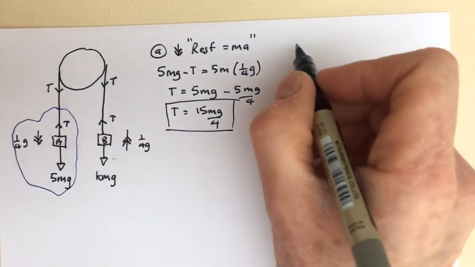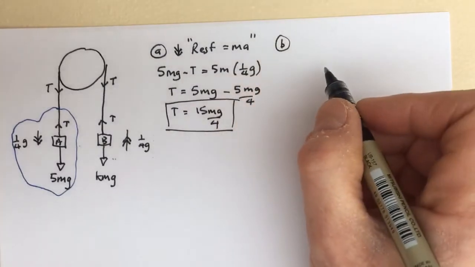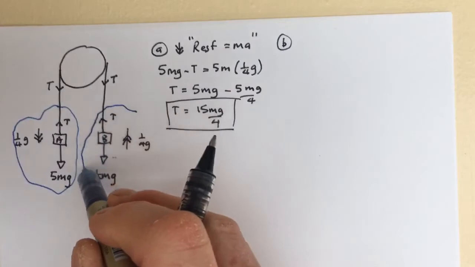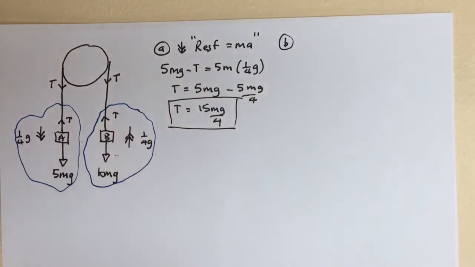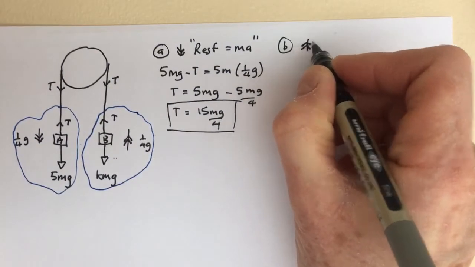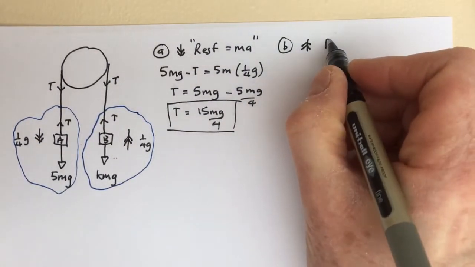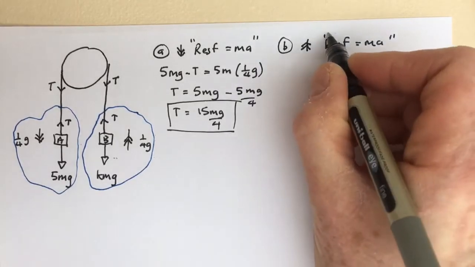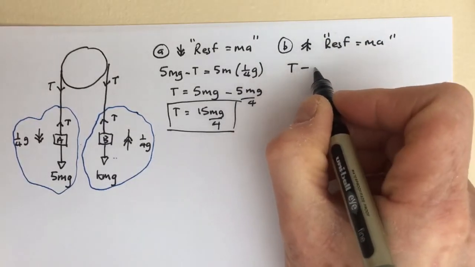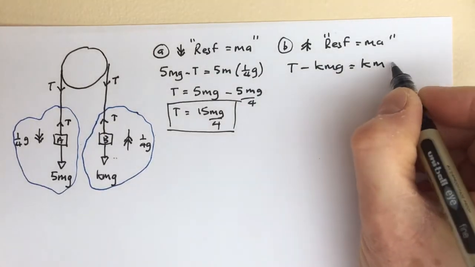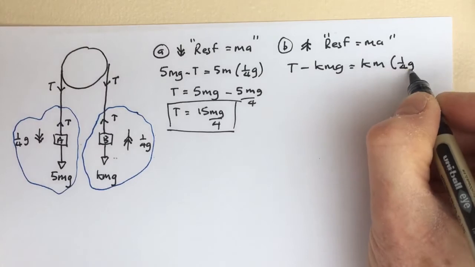For part B, I'm looking for the value of k, so I'm now going to look at what's happening for particle B using Newton's second law again, but this time it's going upwards. So resultant force upwards is equal to mass times acceleration. So it will be T minus kmg is equal to km multiplied by a quarter g.